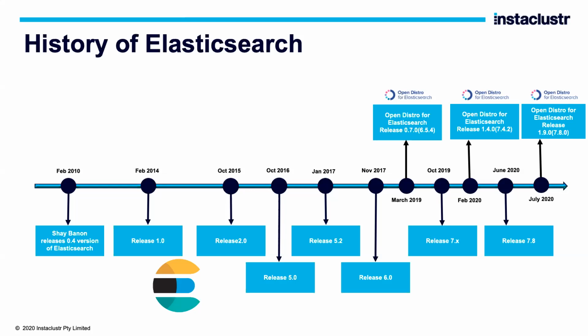We're going to talk about those features in more detail, just so that it is super clear, because we're going to talk about Open Distro for Elasticsearch. The current release is 1.9.0, which is equivalent to 7.8 of Elasticsearch. So if you're using Elasticsearch and haven't heard about Open Distro for Elasticsearch, it is close to the latest version, but it is a separate version.